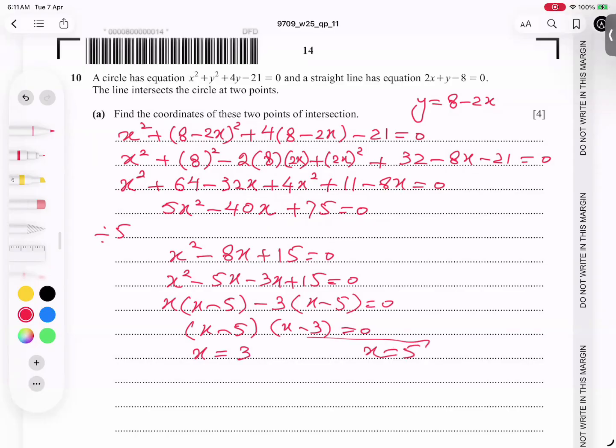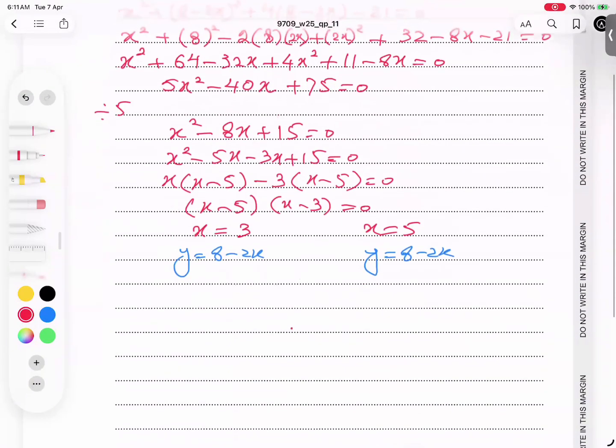So both values get replaced here. y is equal to 8 minus 2x. When I replace, 3 gives 6 and y becomes 2, and 5 gives y becomes negative 2.